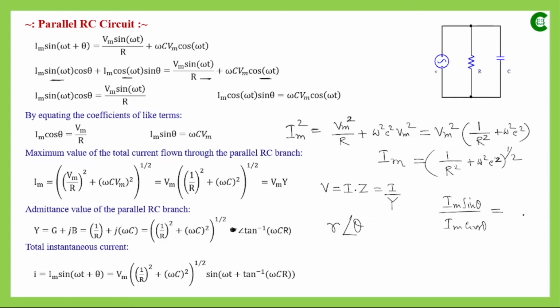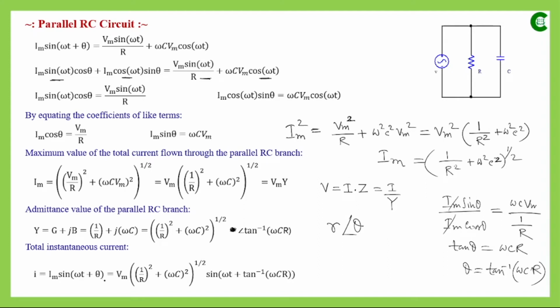So Im sin theta means omega C Vm, divided by Im cos theta, which is Vm by R. So Vm will cancel each other, and tan theta will be omega C, with R going in the numerator. So theta is tan inverse of omega C R. This is how we find the value of the phase angle theta, and that value has been written in this place.